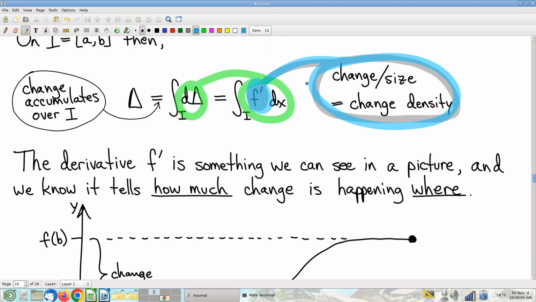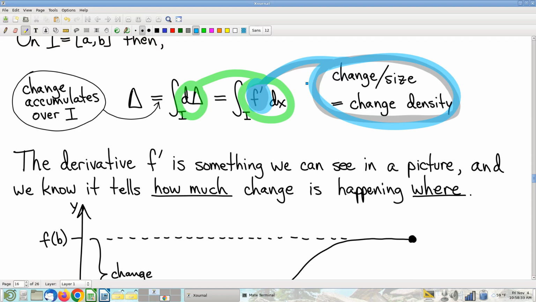It is how much of this accumulating quantity called change per unit x. Or you might want to think of x as time, since everything is a function of time, so maybe think of this as dt, right? So change per unit time. How fast is your height changing? But I like to think of it as dx, not as an amount of time, but as a size.